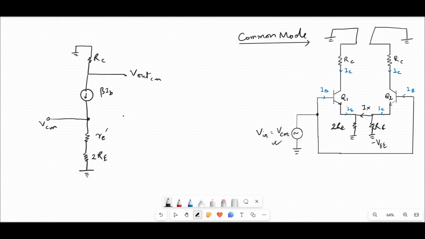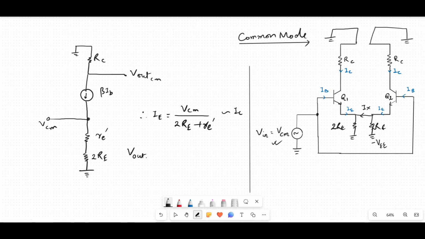Now from this, the value of IE is equal to the input divided by 2RE plus RE dash, which is equivalent to IC. So Vout is given as IC into RC. Putting the value of IE equal to IC, Vout is VCM times RC by 2RE plus RE dash.